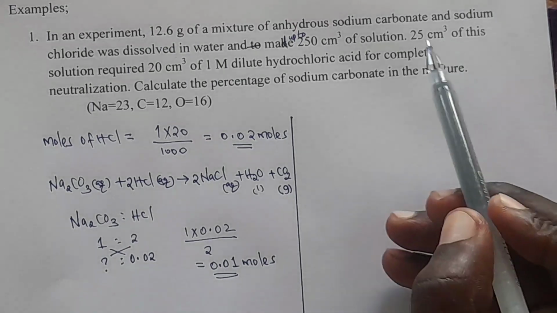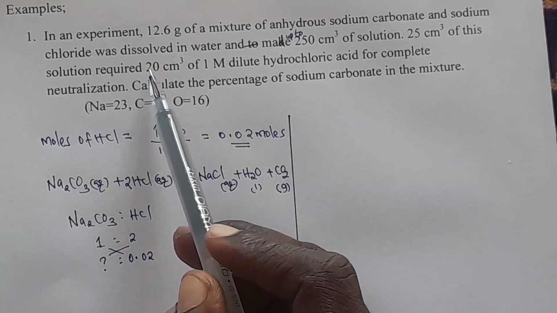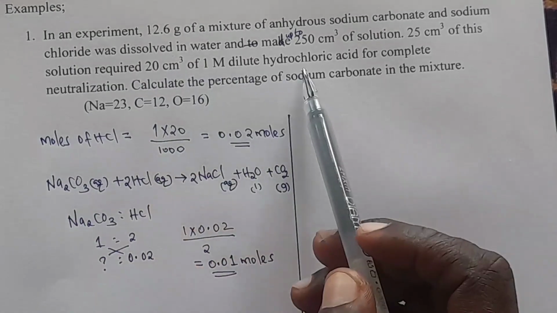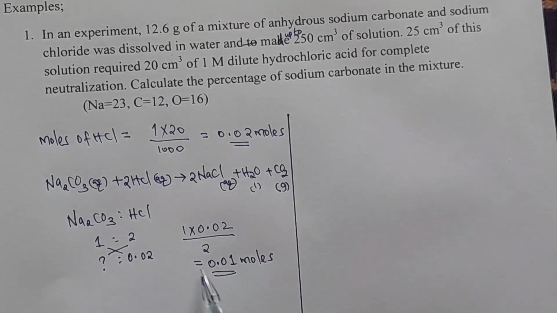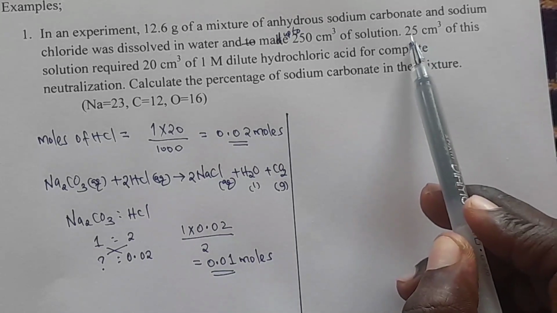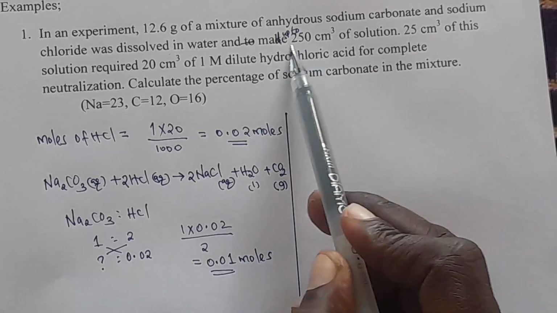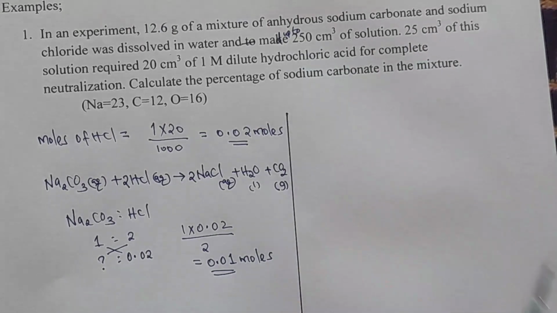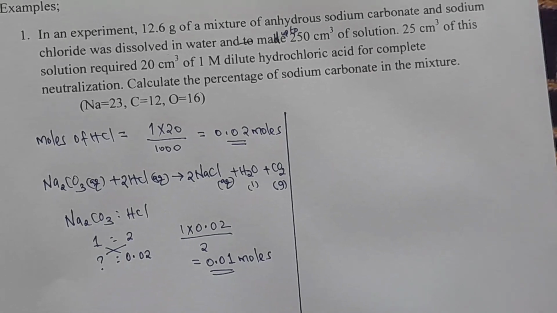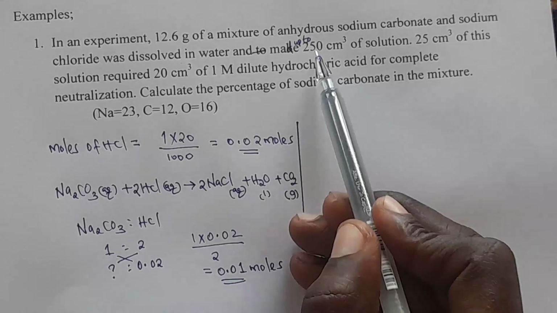Remember, you are told 25 centimeter cube of this solution required 20 centimeter cube of 1 molar dilute hydrochloric acid. So that means this number of moles of sodium carbonate is contained in a volume of 25 centimeter cube. We can ask ourselves, what about 250 centimeter cube of solution? Because initially the mixture was dissolved in water and made up to 250 centimeter cube of solution.